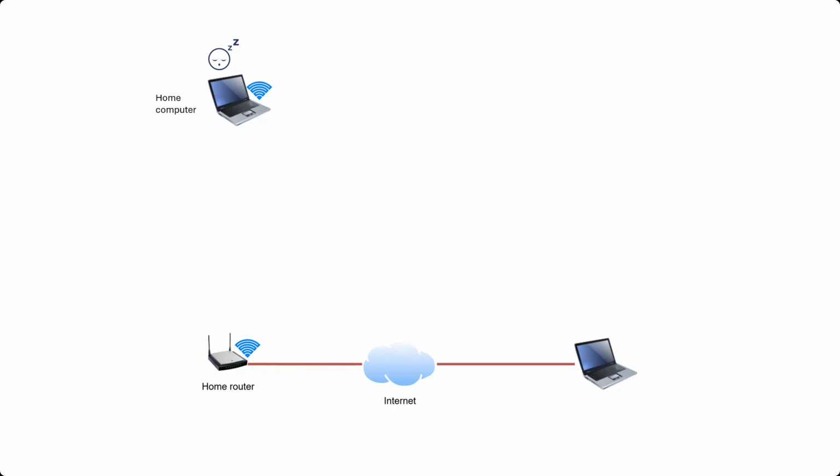The next challenge we need to solve is how to power on a computer that is turned off. If your PC isn't online, you can't connect to it. Simple as that. The solution is a feature called Wake-on-LAN. Wake-on-LAN allows you to remotely power on a computer or wake it from a low power state like sleep or hibernation.